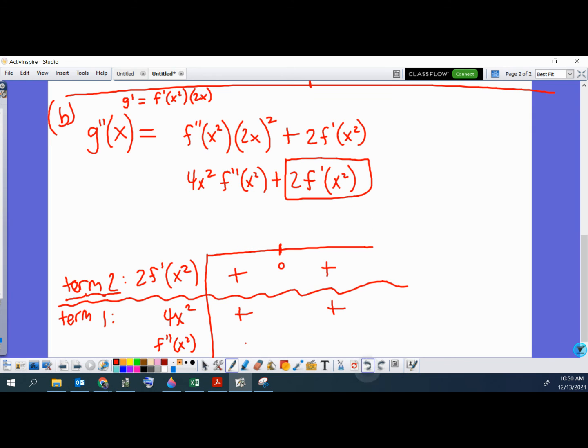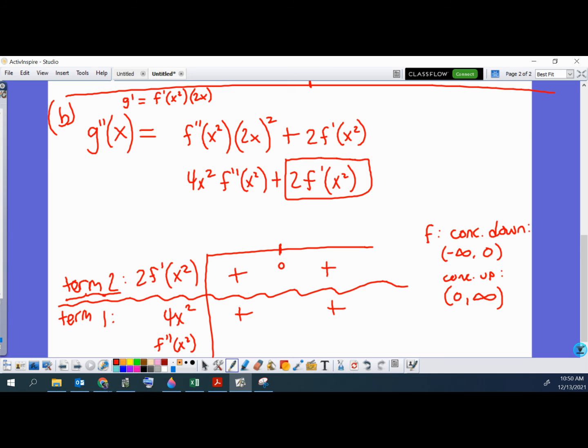However, keep in mind what it said. It said f is concave down for these x values, negative infinity to 0, and concave up 0 to infinity.